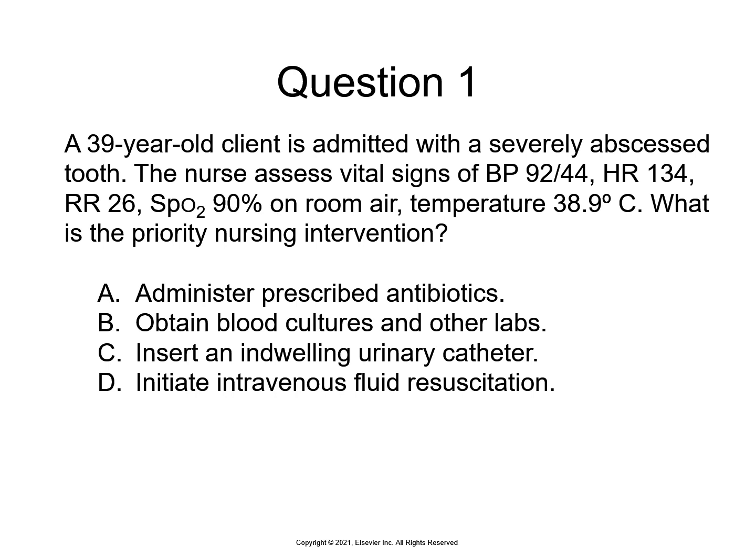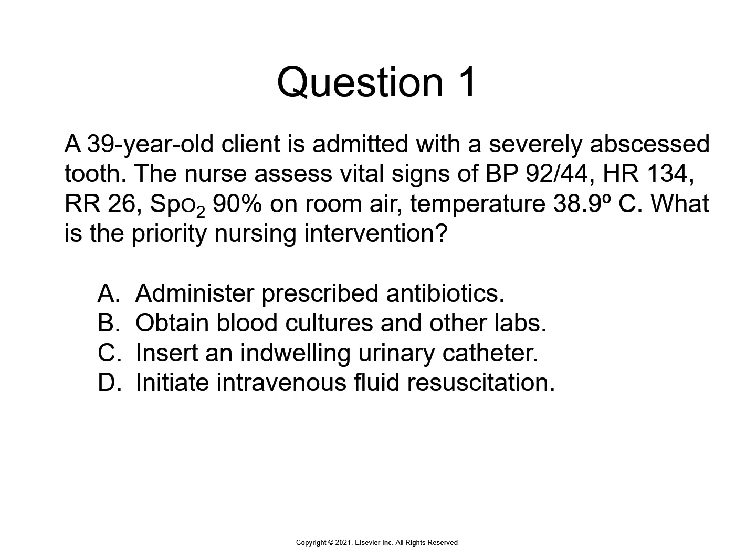The nurse assesses the vital signs. Blood pressure is 92/44, heart rate is 134, respirations are 26, and the SpO2 on room air is 90%. Their temperature is 38.9 centigrade. What is your priority nursing intervention?